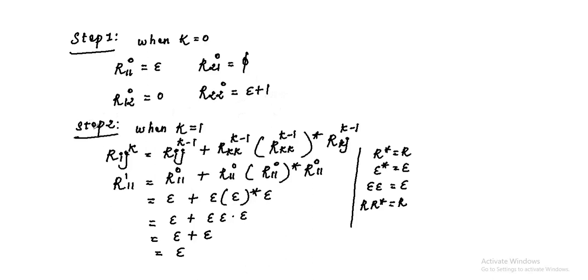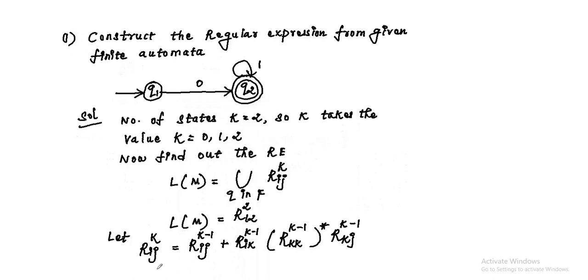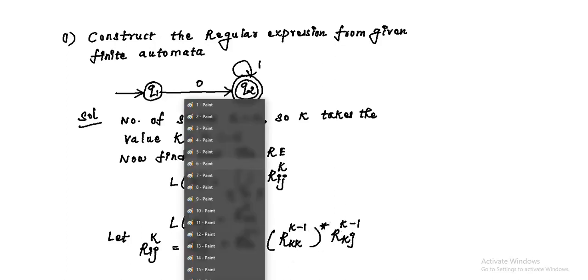Coming to the second step: when k value is 0, we need to follow the basic rules. When k value is 1, 2, 3, then you should follow the equation Rij raised to the power k equals Rij raised to the power k minus 1 plus Rik raised to the power k minus 1 into Rkk raised to the power k minus 1 whole star into Rkj raised to the power k minus 1.